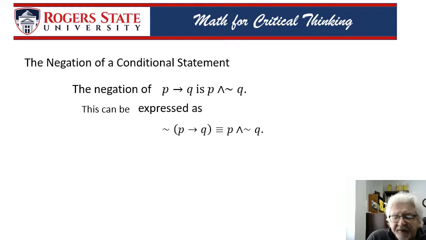Let's say we have a statement that says P implies Q. If P, then Q. That's the same as saying P and not Q. Now we can write that using this little symbol here. That symbol means is equivalent to, is the same as.